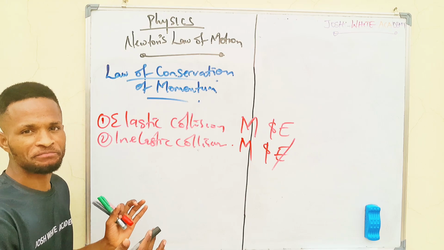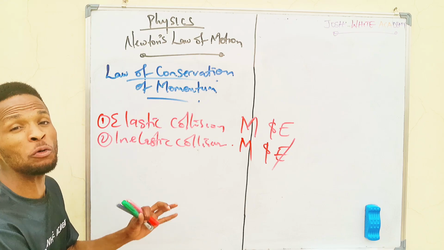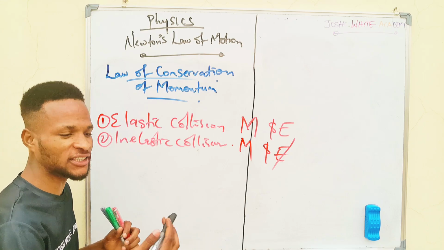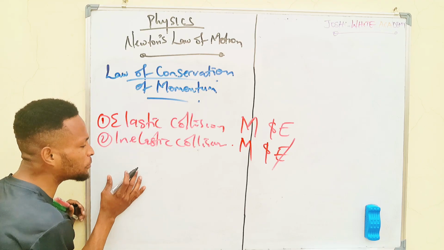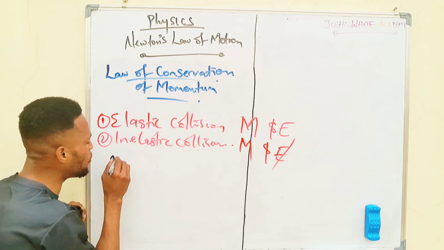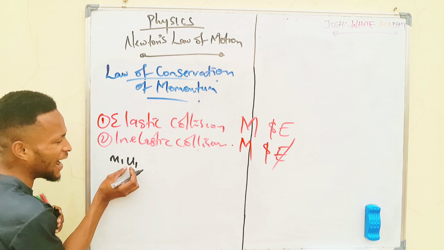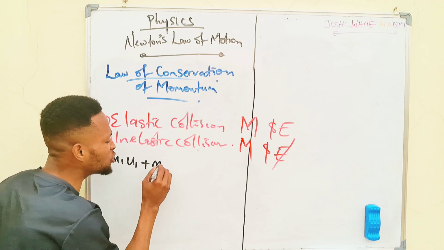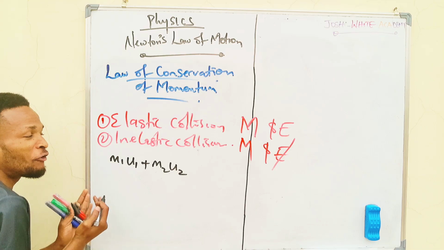If two bodies are colliding, the momentum before collision, remember momentum is mass multiplied by velocity. So the momentum before collision of the first body will be m1 u1, mass and velocity. For the second body will be m2 u2. So this is the total momentum before collision.